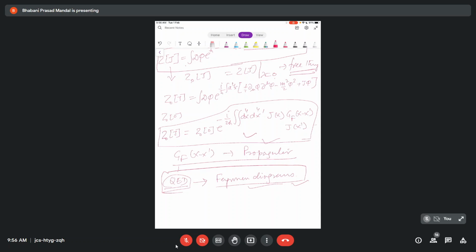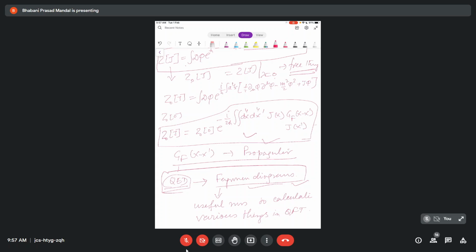But first we'll do the simplest field theory, scalar field theory. But Feynman diagrams and their usefulness to calculate various quantities in field theory.